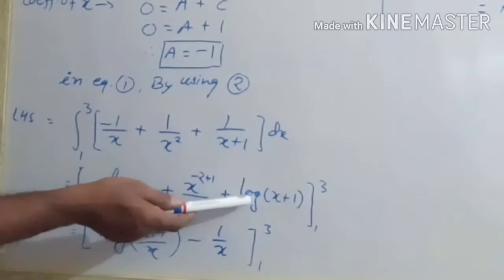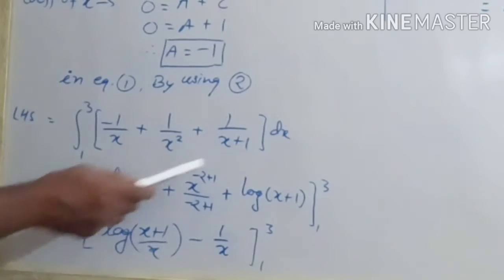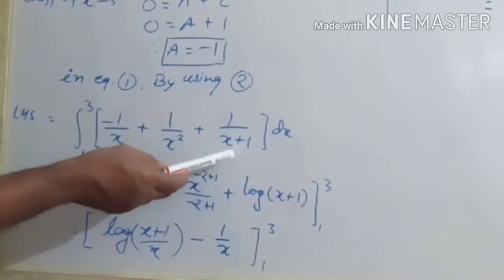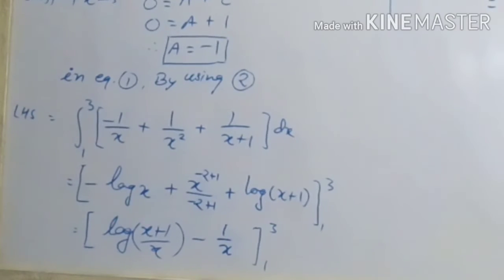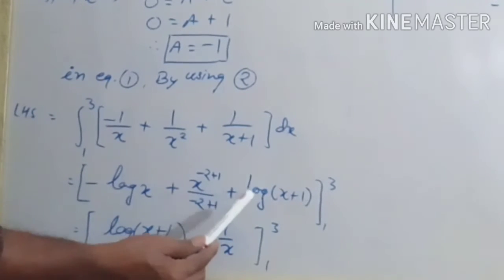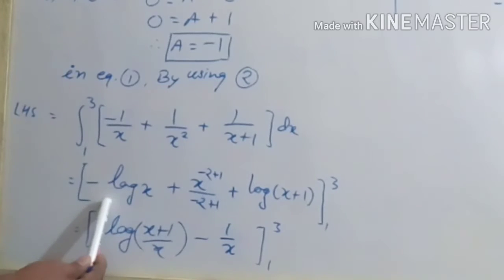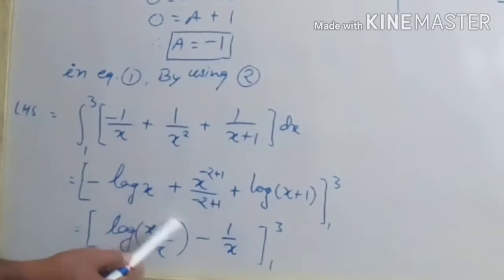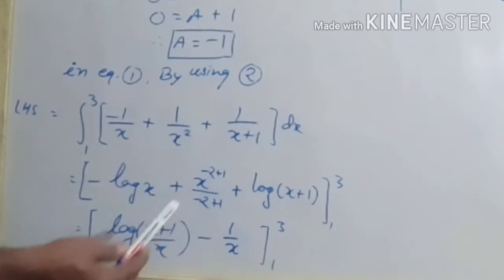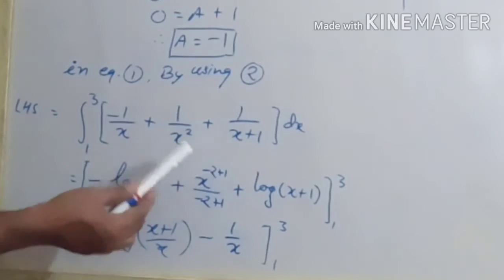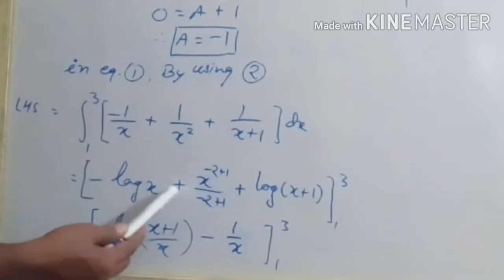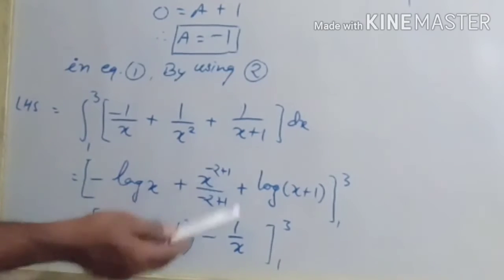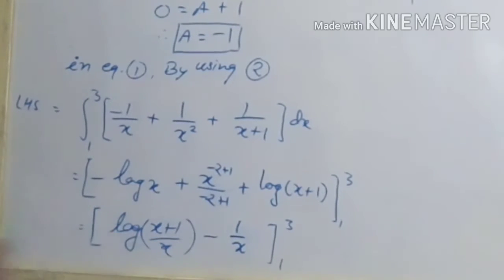The integral of 1 upon x plus 1 is also log of x plus 1, because the differential of the denominator is present in the numerator. Now by logarithm rules, log m minus log n, so log of x plus 1 upon x, and -2 plus 1 means x to the power -1, with the minus sign, so it will be 1 by x.